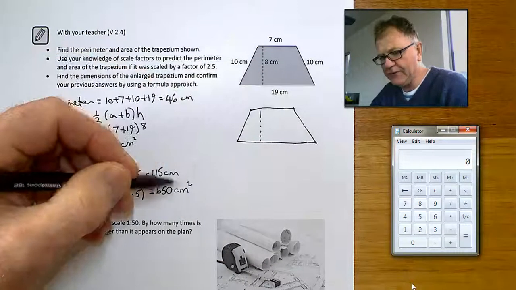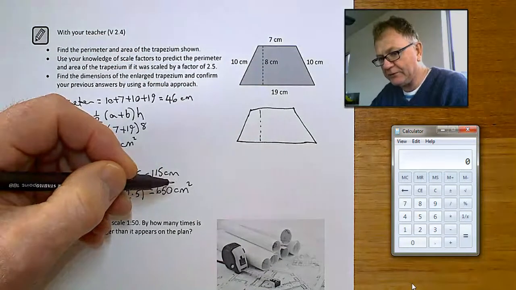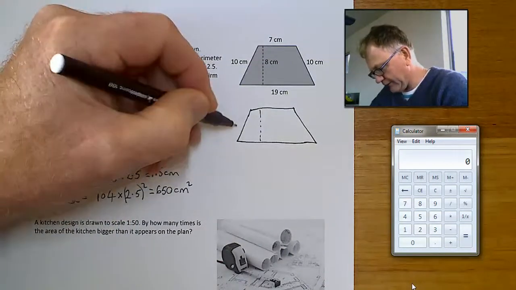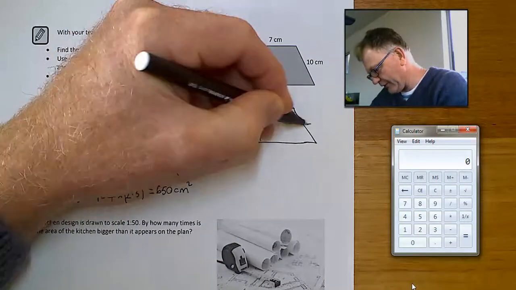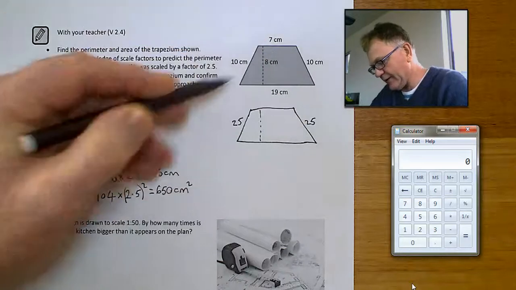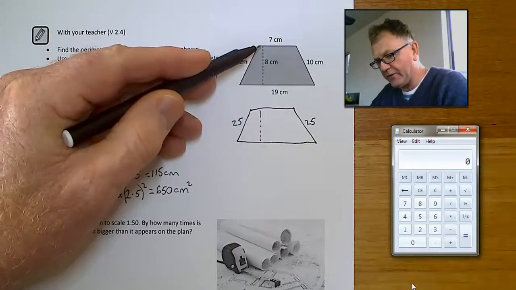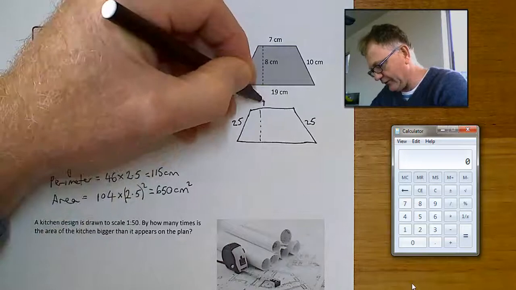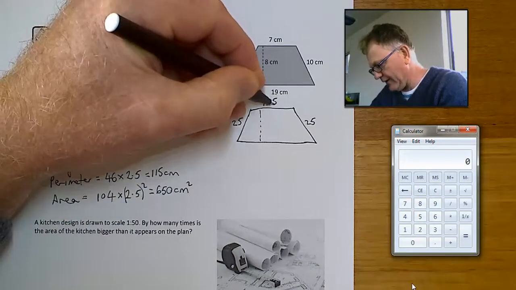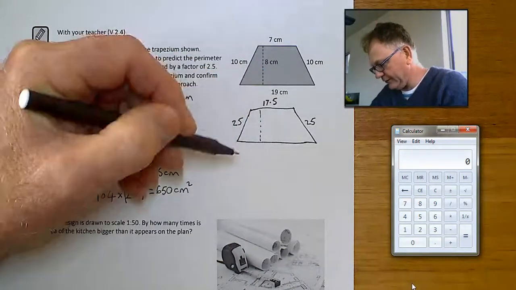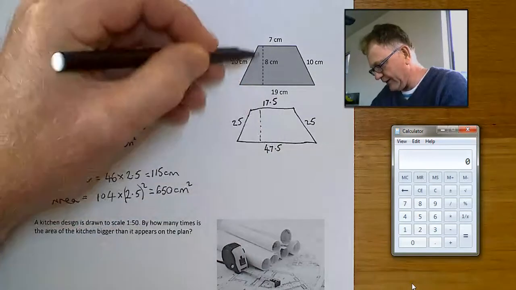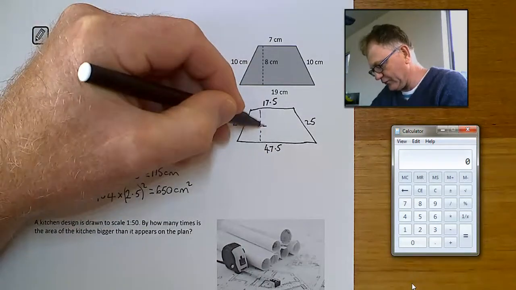So this 10 will be 10 times 2.5, which is 25, and this one will be 25 as well. This side here will be 7 times 2.5, which equals 17.5, and 19 times 2.5 equals 47.5, and 8 times 2.5 equals 20.